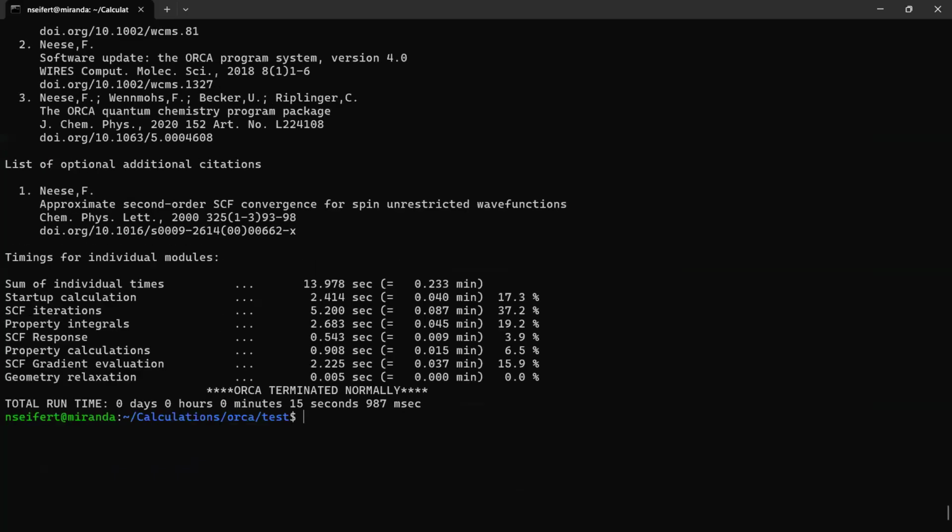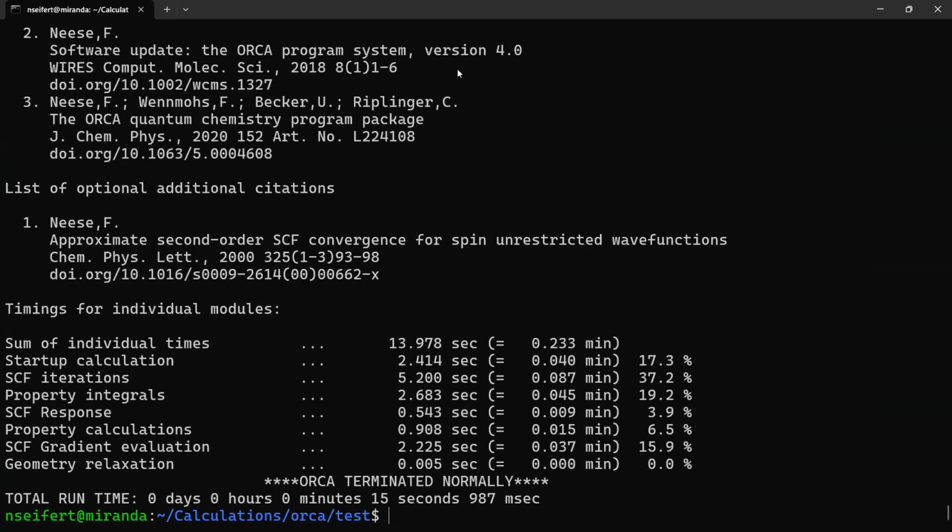Let's take a look at this. Zoom a little bit. All right, I'm at the bottom of the output file, so it's the end of the calculation. I'm going to scroll because we want to look at the stuff at the end. I'll tell you really quickly about these charts. This is it setting up the calculation. It sets up the integrals, all the electrons, and puts everything in orbitals. SCF is solving the Schrodinger equation for the electrons.